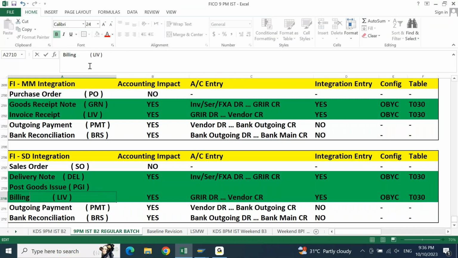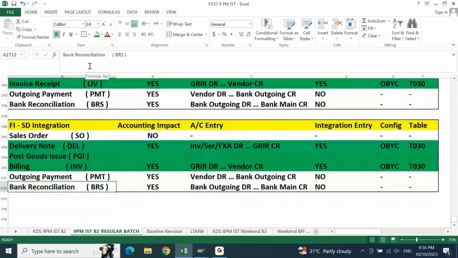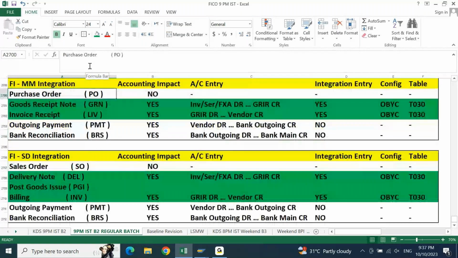In short, you are going to bill your customer, which is nothing but your billing. Let me call it INV only. And payment is normal. Bank reconciliation is also normal. There is no change in it.